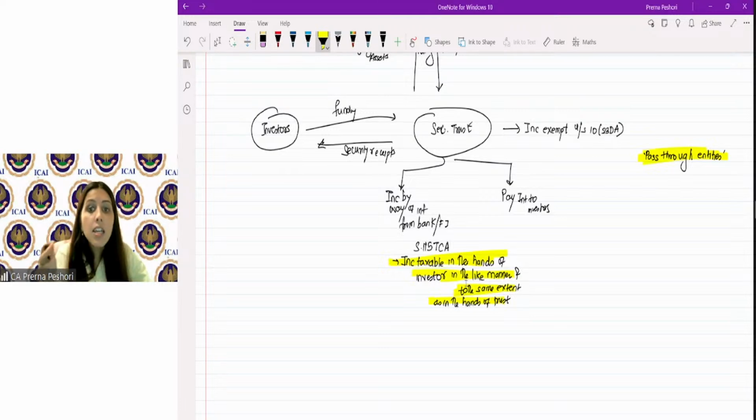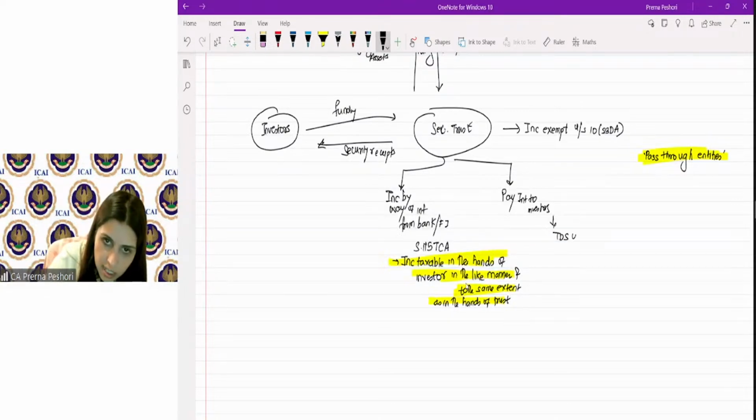Now, when the securitization trust is paying the interest amount to the investors, in that particular case the TDS will arise under section 194LBC. So here there will be TDS under section 194LBC. Now, for the resident individual or the HUF, it shall be 25%.